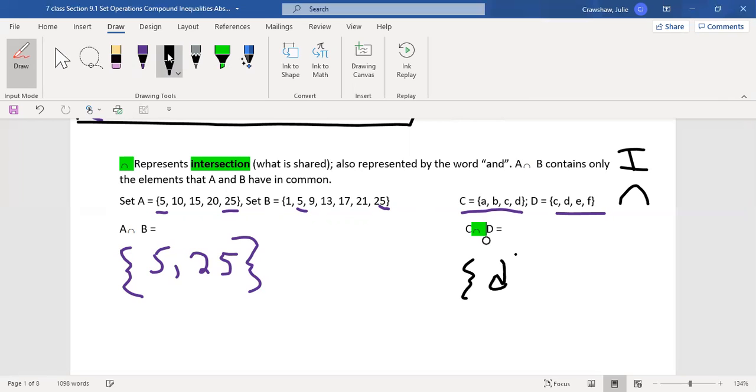Oh, they have a C, don't they? They have a C and a D.